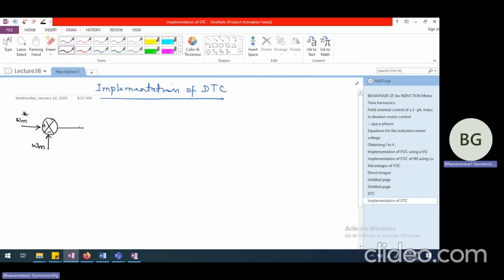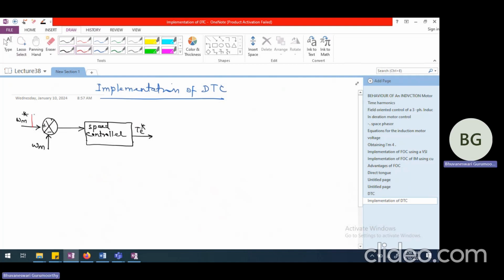This goes to a speed controller, and this speed controller gives us the reference torque. It says this is what the reference torque should be if I want to bridge the gap between the reference speed and the actual speed.